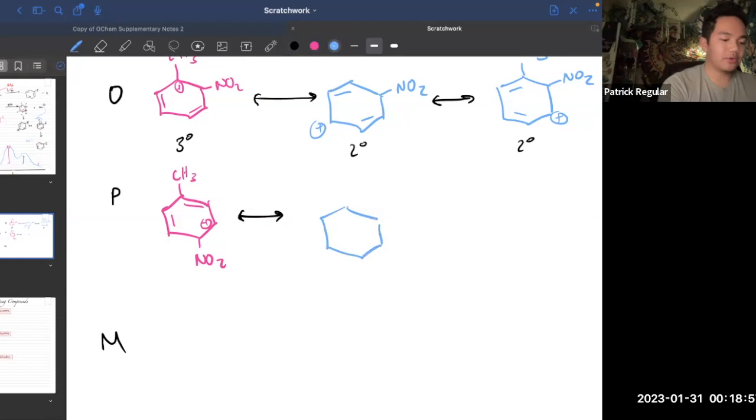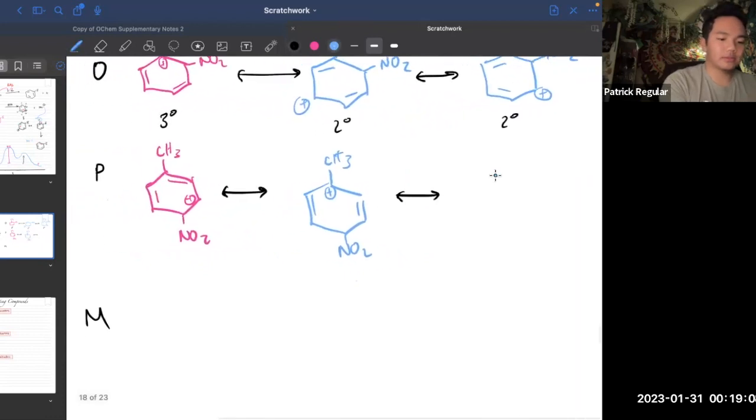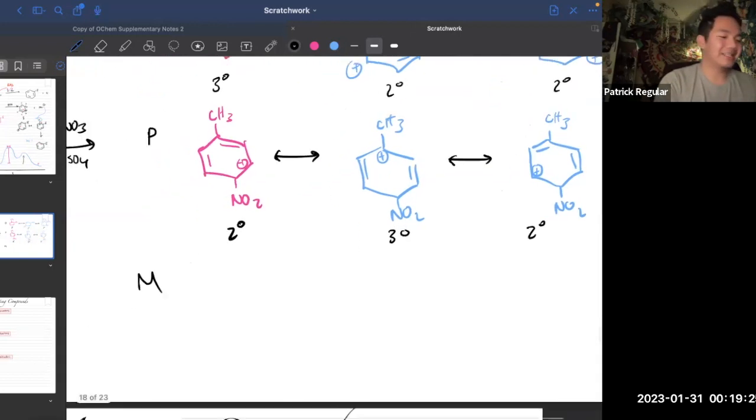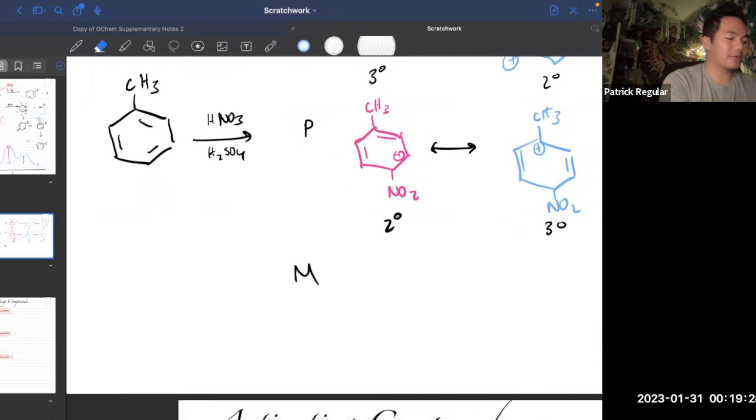Door hinge maneuver over, we get positive charge here, CH3, NO2. Another resonance structure. Okay, here, NO2, positive charge here, CH3. Let's look at those carbocation stabilities. We have secondary, tertiary, secondary. Great.